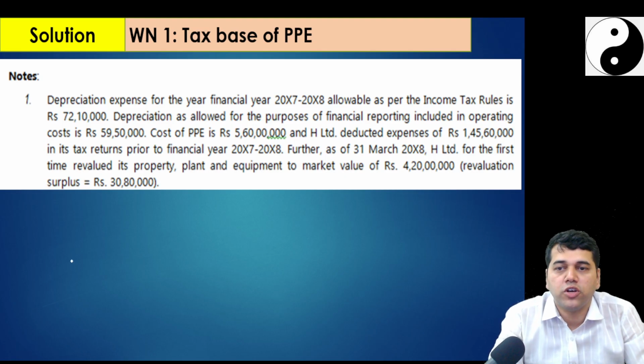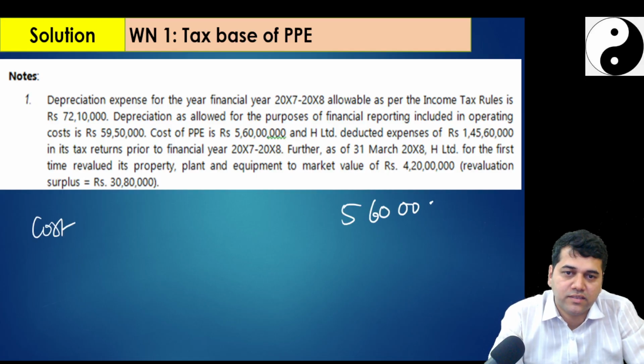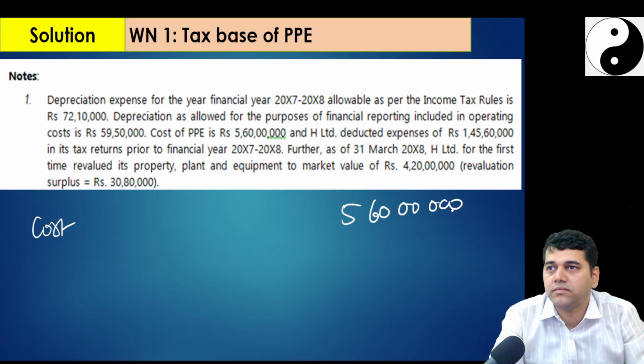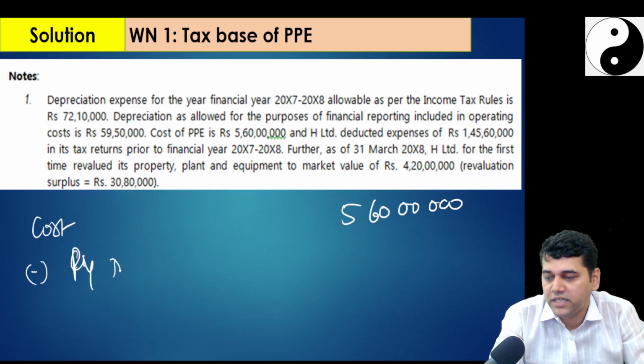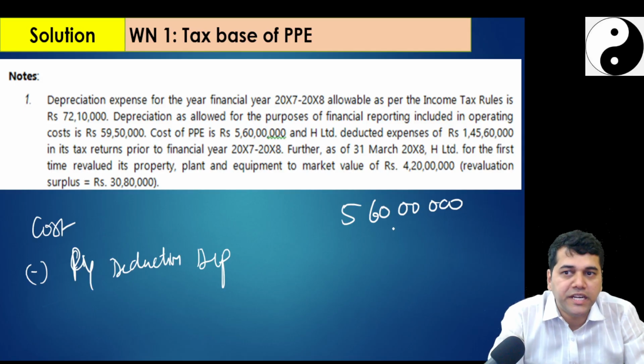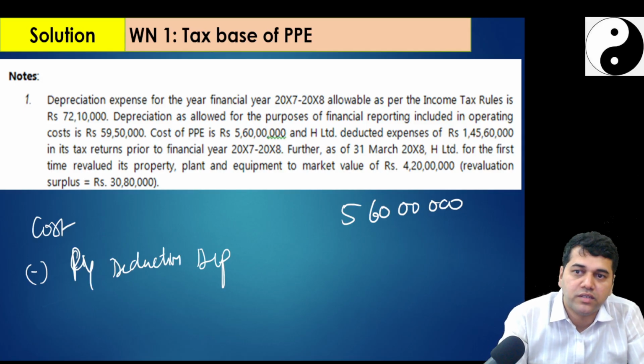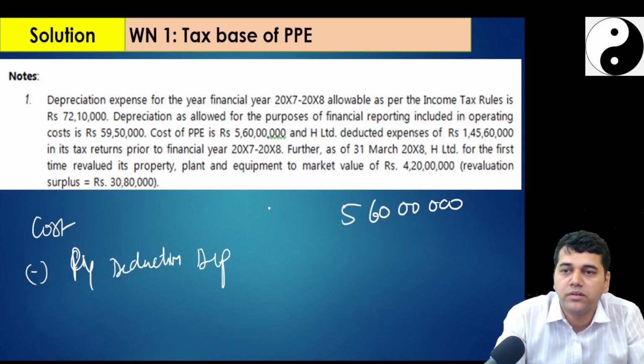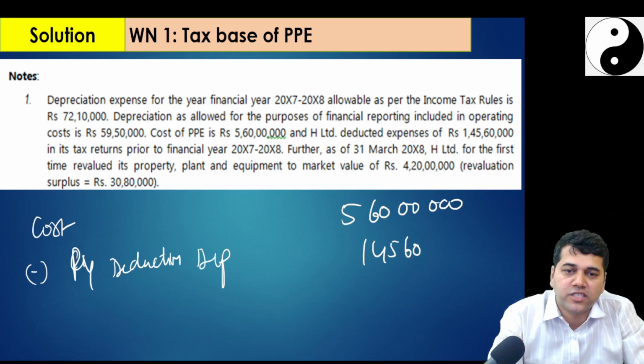See, what is your cost? Right, cost 5 crore 60 lakhs, correct? Less, how much is your previous year deductions for depreciation? Cumulatively, from the time you purchased this till now, how much deduction you claimed? 1 crore 45 lakh 60,000.